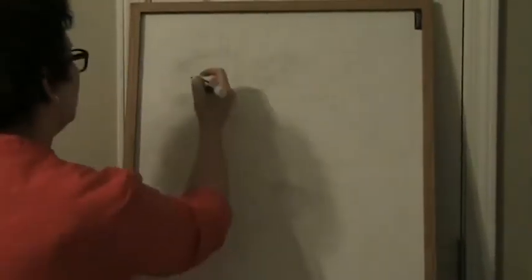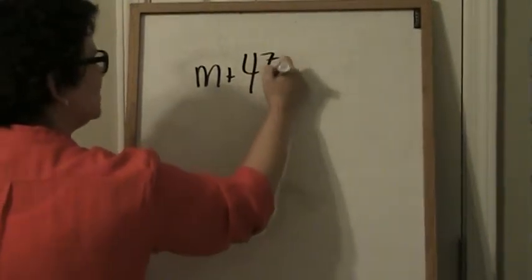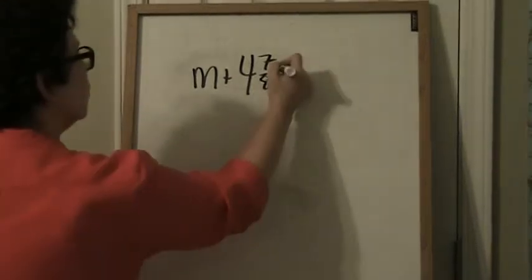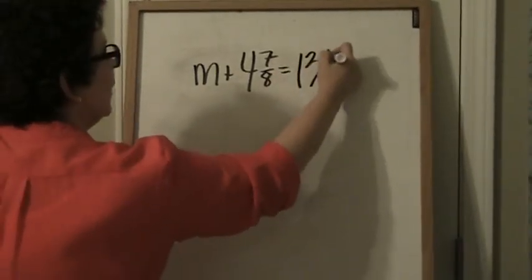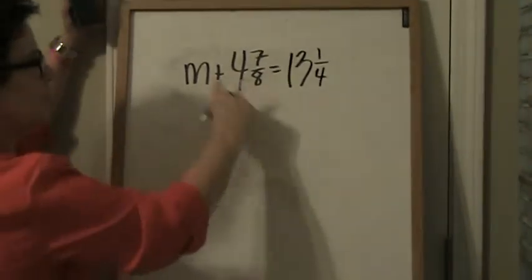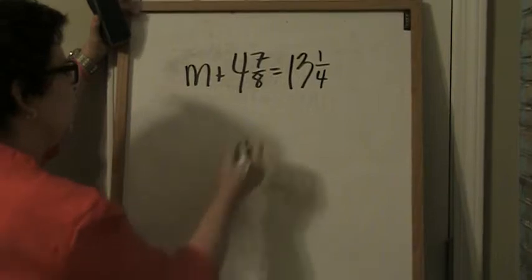Okay, number 3 is M plus 4 7/8. Oh, there's one of our favorites, a fraction, equals 13 1/4. I'm going to go ahead and turn these into improper fractions because they're a little easier to work with.